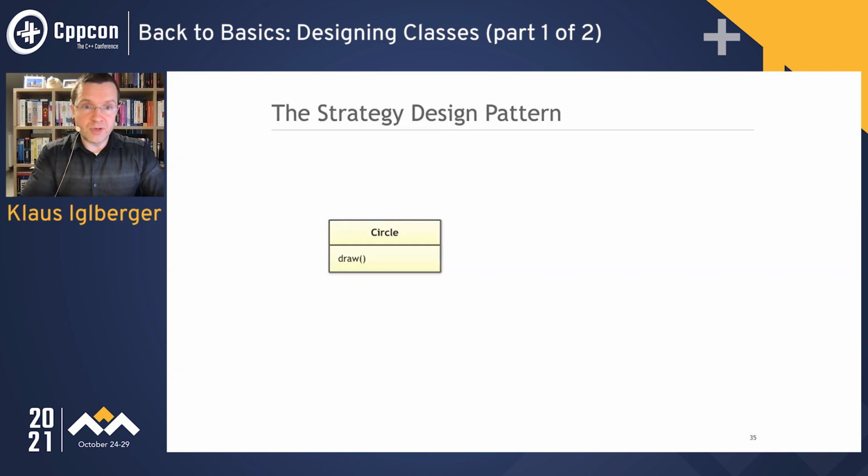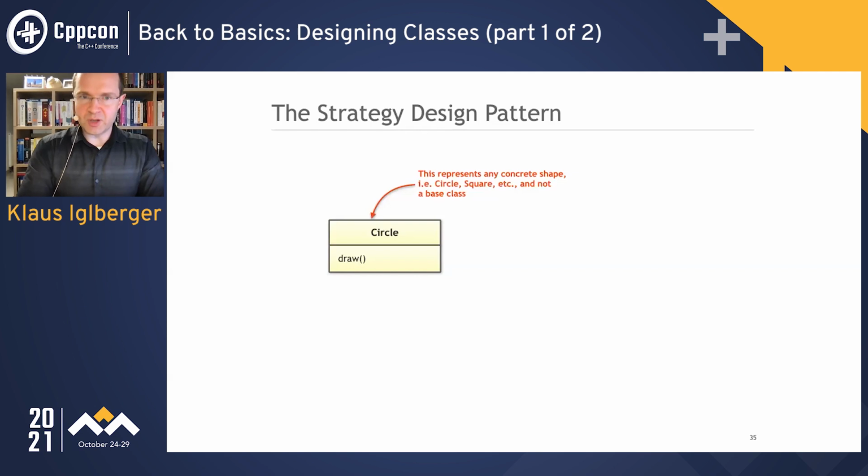No, on the contrary, we should actually extract information. We should truly apply the single responsibility principle. By the way, last remark, of course, this circle represents all kinds of shapes. It could be square as well, it could be a triangle, it could be anything. So this is not a base class, this is a concrete class.